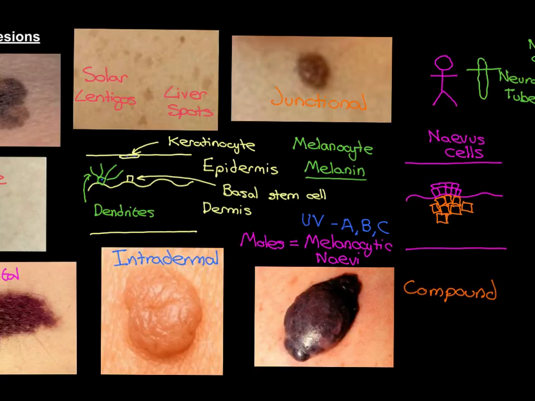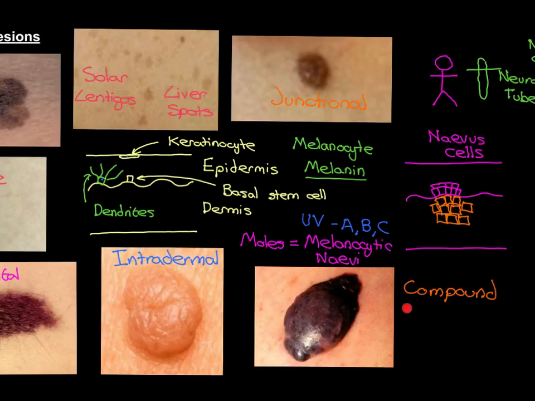So they're not invading, they're not going to destroy the surrounding tissue, but they have extended into the dermis and they're not just in the epidermis anymore. And this is why the thing appears so much bigger, because you have the cells in the dermis, and this gives rise to the whole thing coming much higher up, rising far beyond the level of the surrounding skin. So it's the cells that have gone into the dermis as well.